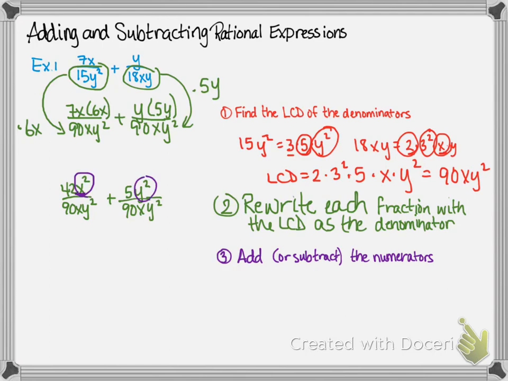Okay, well, we've got a numerator that has an x squared, a numerator that has a y squared. We're going to add them, but we can't really combine them together. So we end with 42x squared plus 5y squared over our 90xy squared. And that is our sum.